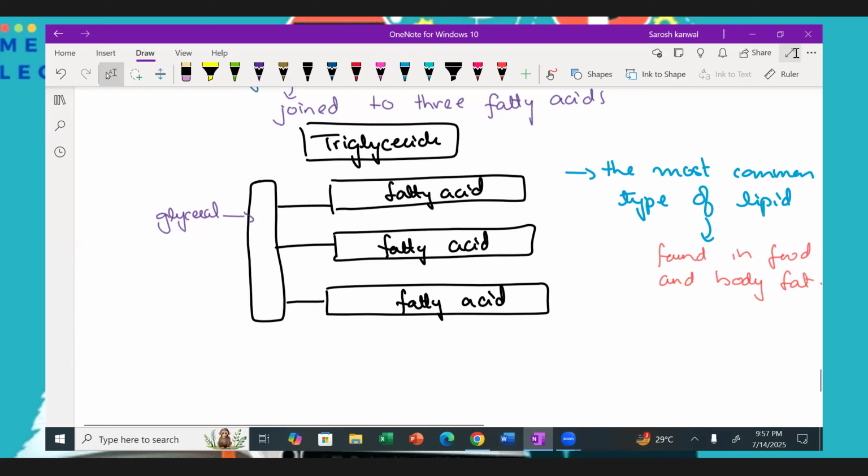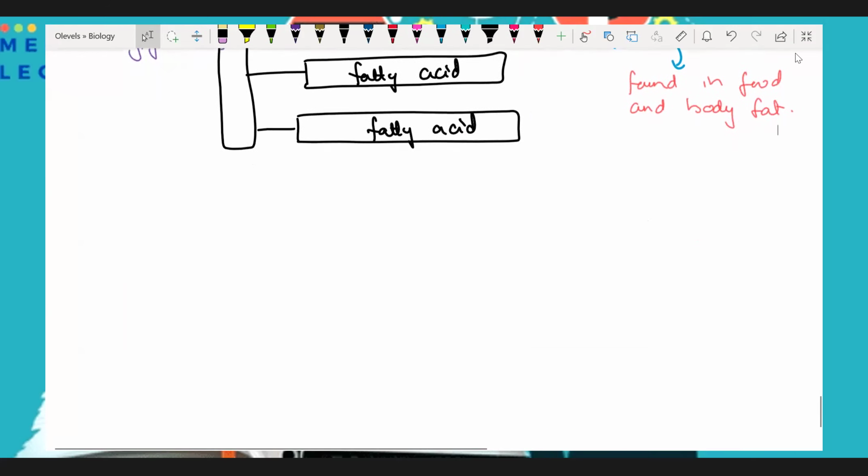Okay, first we will be having a look at the structure. So actually you were asking for the chemical formula of triglyceride, right, Mibsam?